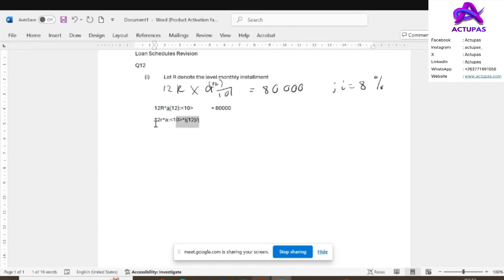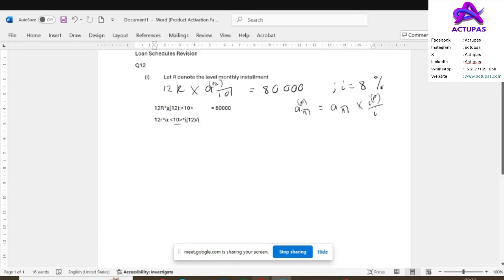This part here we can find from the tables. If you remember, when we were carrying out these computations in the tutorials, we said a n superscript p is equal to a n times i over i superscript p.